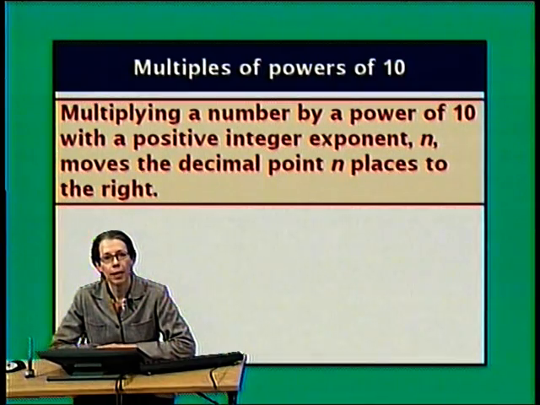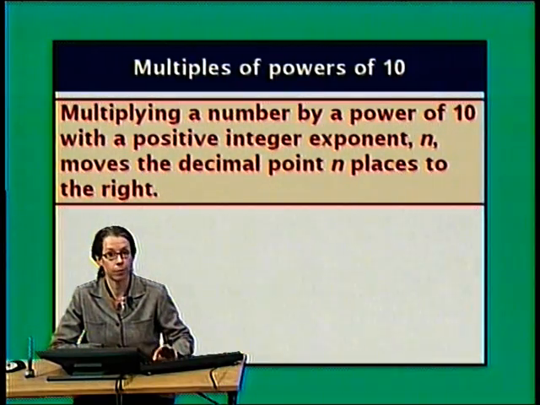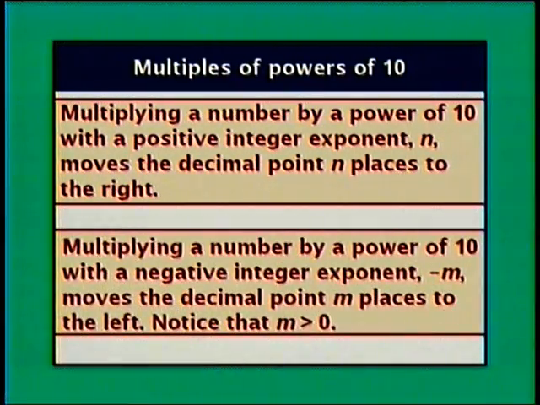So multiplying a number by a power of 10 with a positive integer exponent n moves the decimal point n places to the right. We also saw that multiplying a number by a power of 10 with a negative integer exponent minus m moves the decimal point m places to the left. Notice that in this description, m itself was a positive number.